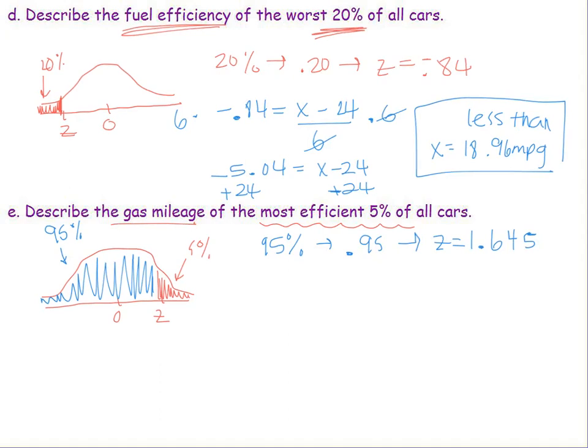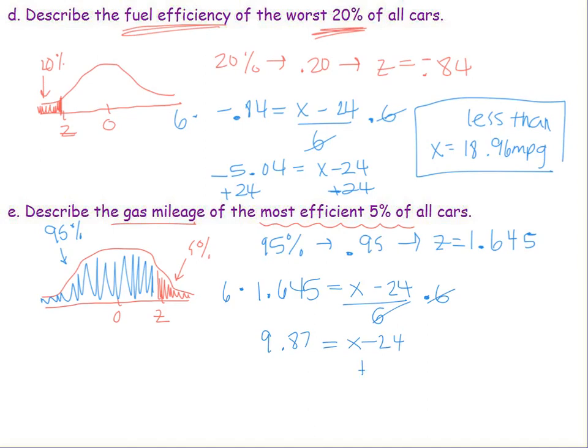All right, so we have positive 1.645 equals x minus 24 divided by 6. And so we're going to multiply both sides by 6. 6 times 1.645, I get 9.87 equals x minus 24.